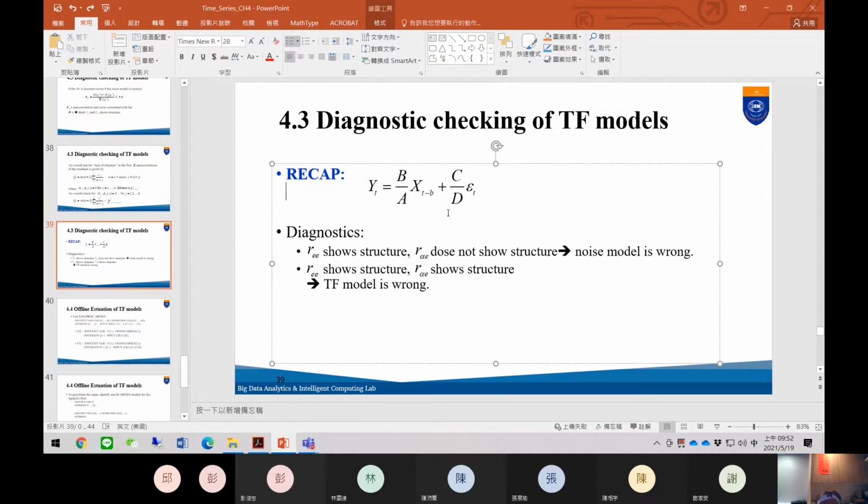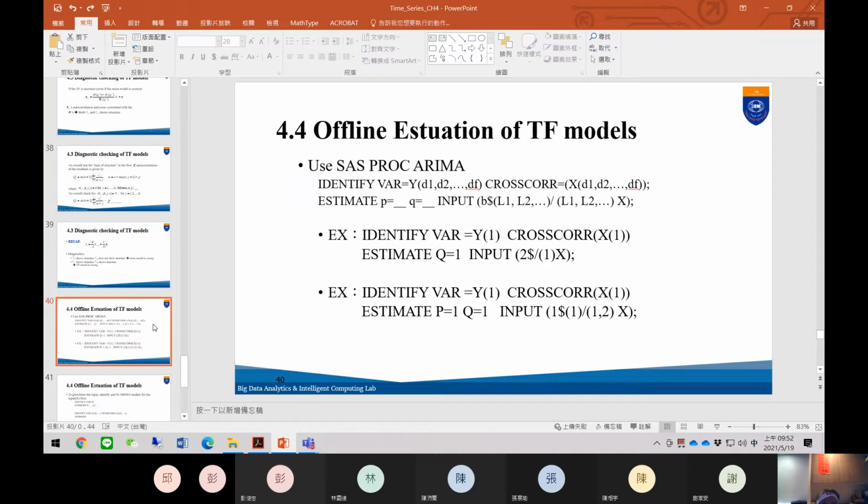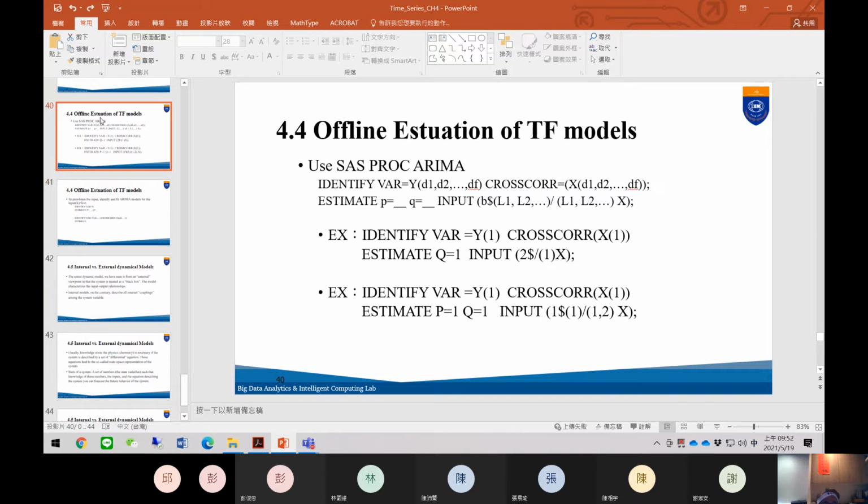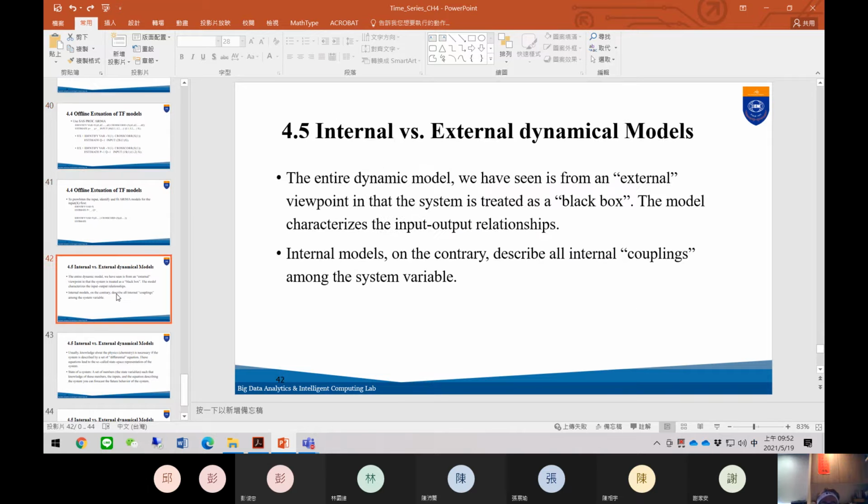Maybe the important X is not included. So we need to reconsider how we can improve the quality of the transfer function. This is SAS, but we don't use SAS, so we're going to skip that.